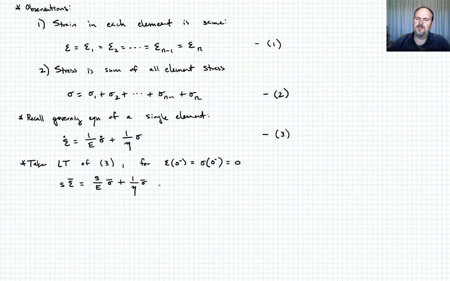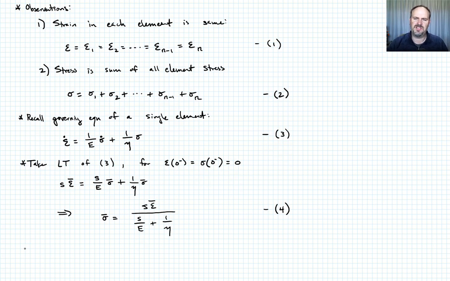We can now solve for sigma bar from this equation: sigma bar is equal to s times epsilon bar divided by the quantity s over E plus 1 over eta. Let's call that equation 4.